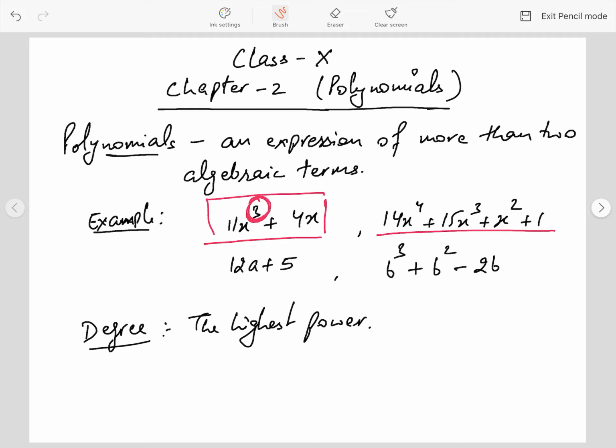In the second example, 14x raised to the power 4 plus 15x raised to the power 3 plus x square plus 1, the highest power is 4, so the degree of this polynomial will be 4. In the third example, 12a plus 5, the degree of a is 1 and the degree of 5 is also 1, so its degree will be 1 only. So degree means the highest power.